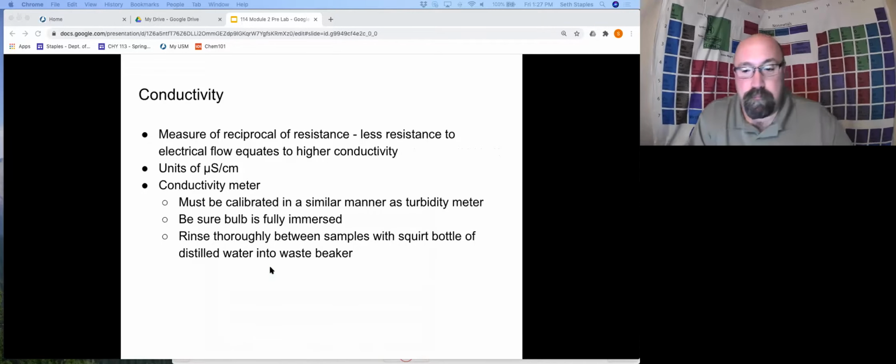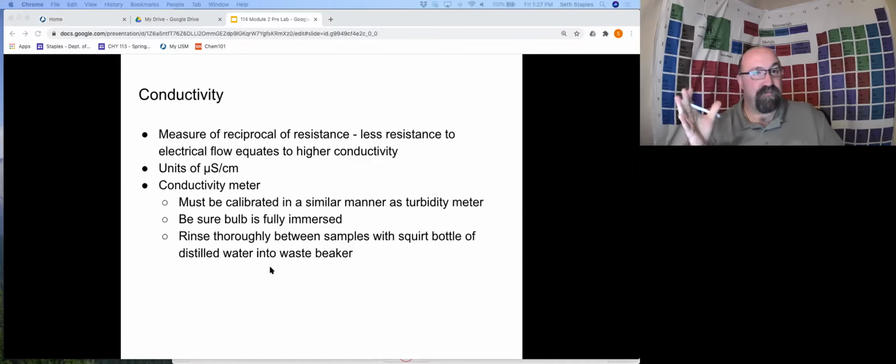So looking more particularly at conductivity, when we measure conductivity, what we're actually measuring is what we call the reciprocal of resistance. And that's just a statement about how the conductivity probe we're going to be using works. The conductivity probe actually measures how much resistance there is to electrical flow over the probe.